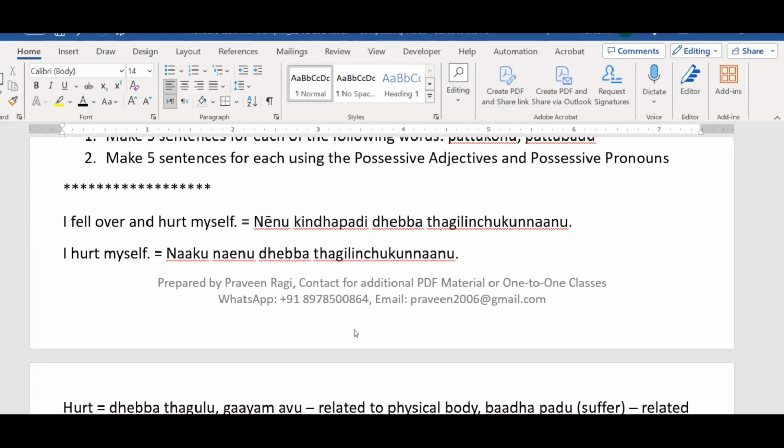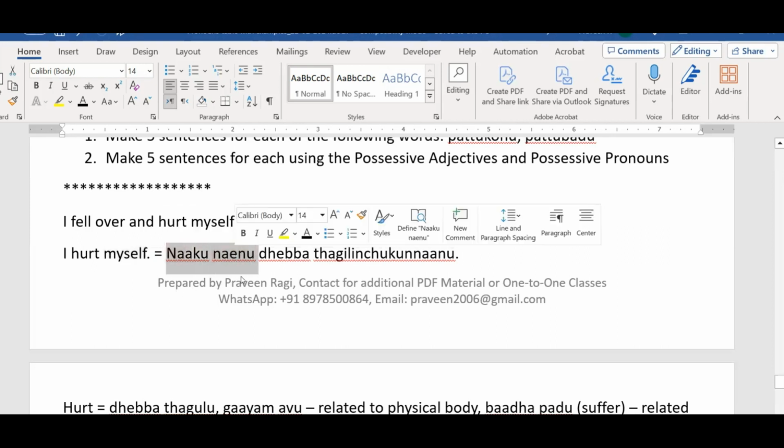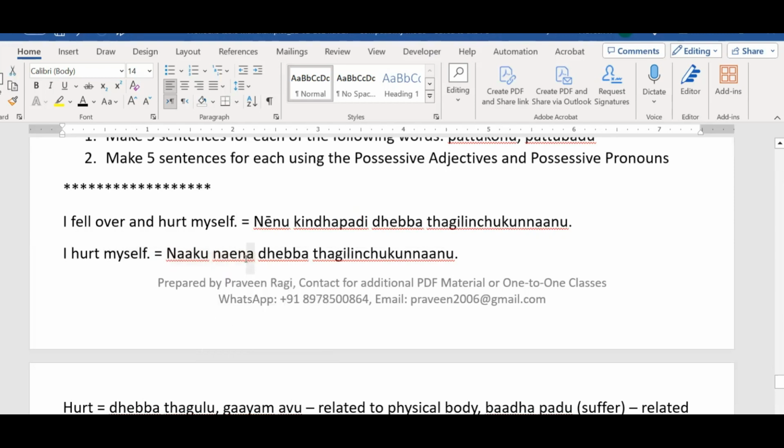Here we are talking about mental, but the first one, దెబ్బ తగులు, గాయమవ్వు, is used when we mean physical, related to the body. So here, myself, in this context, నాకు నేనే, we can emphasize: నాకు నేనే దెబ్బ తగిలించుకున్నాను.